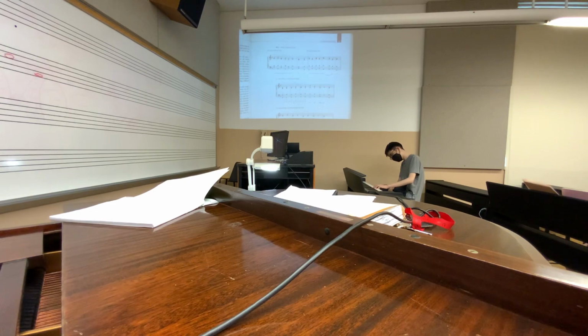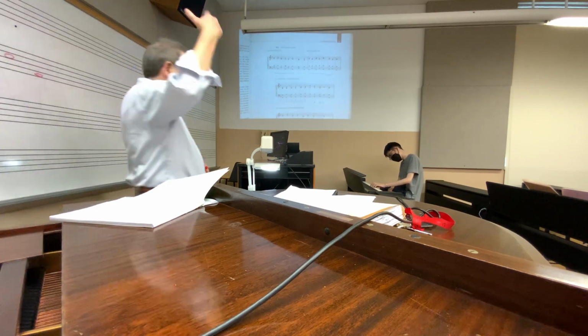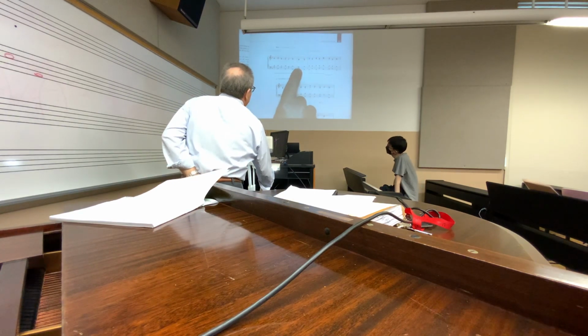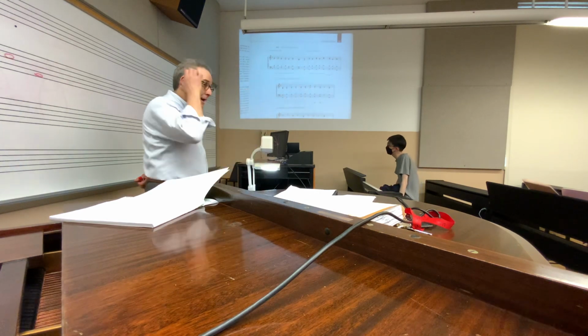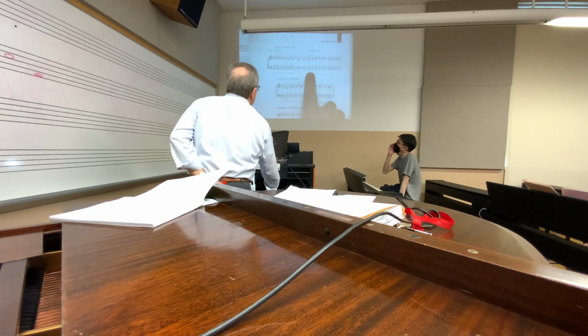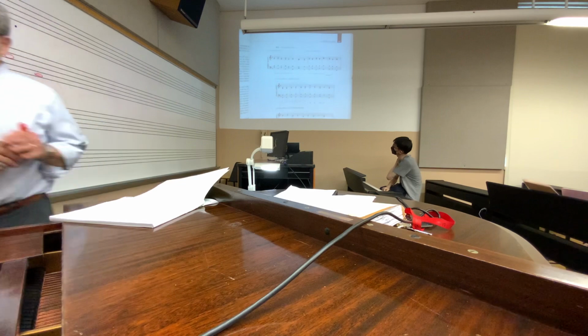Where do you stop? Because the nice thing about the falling fifth is that you end when you get to the C, which is the 5 going to 1 and brings you back home. So we're going to stop the ascending fifth progression at the 3 and then go 4, 5, 1. Okay, so let's try that.